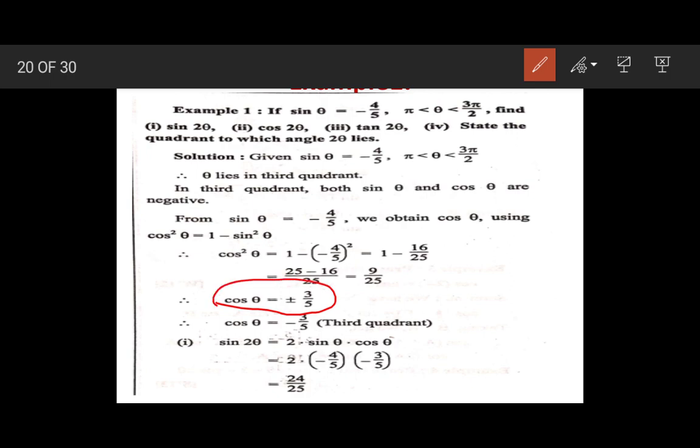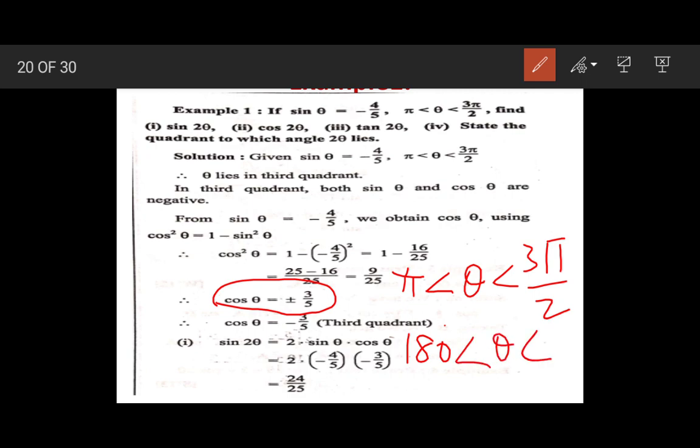Now we have to see the condition for theta. Condition for theta is pi less than theta less than 3 pi upon 2. Pi means 180 degree, less than theta less than 3 pi upon 2 means 270 degree. Okay. So theta lies between 180 and 270.